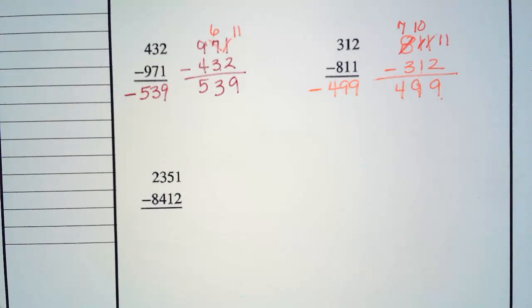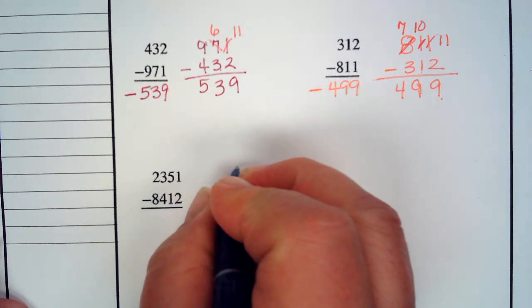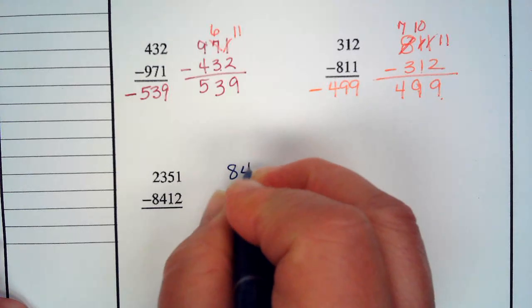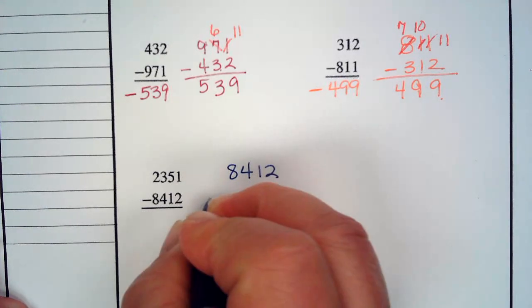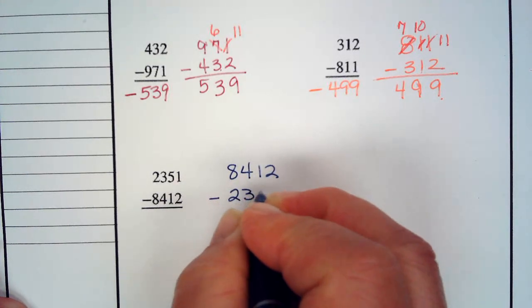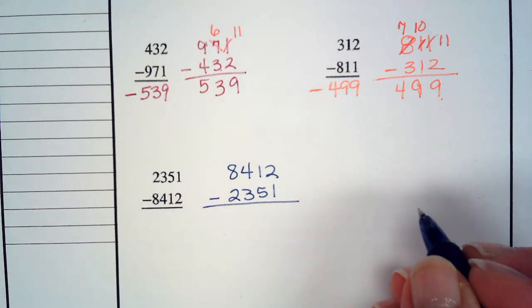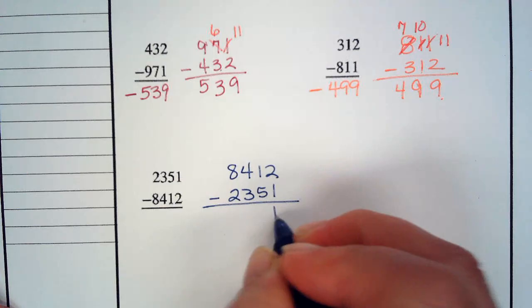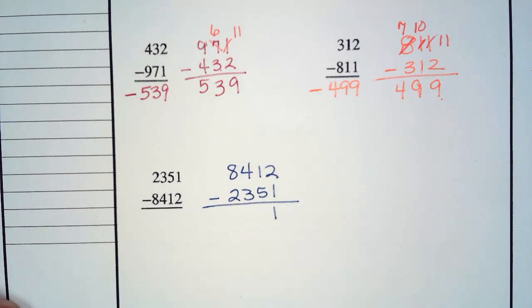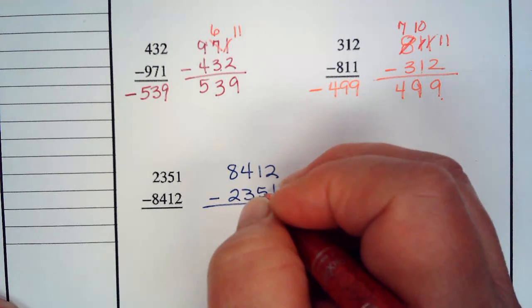Can you do the last one on your own? I do hope you tried. 8,412 minus 2,351. 2 minus 1 is 1. I cannot do 1 minus 5.